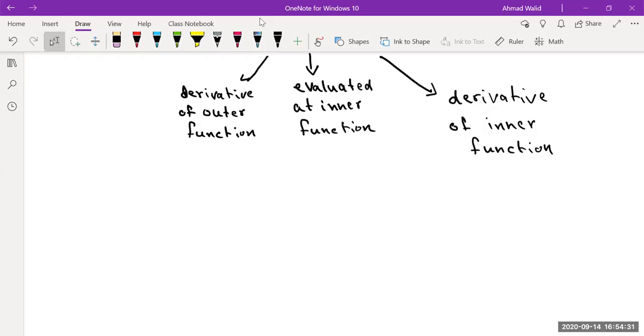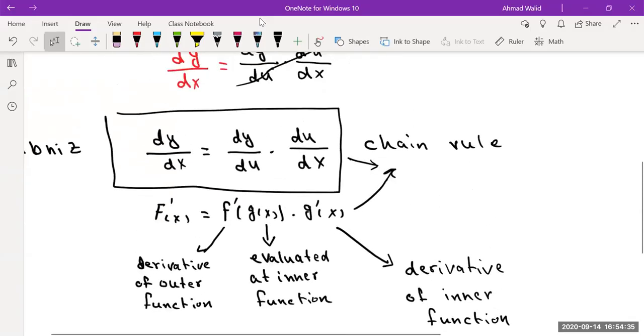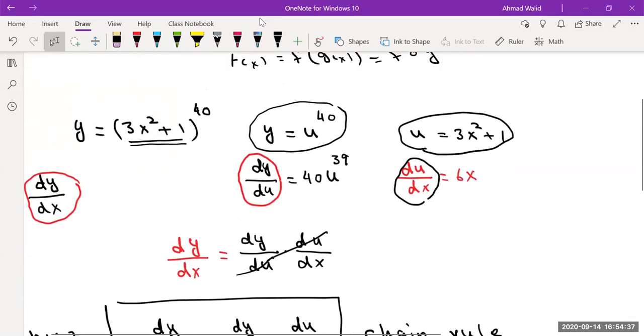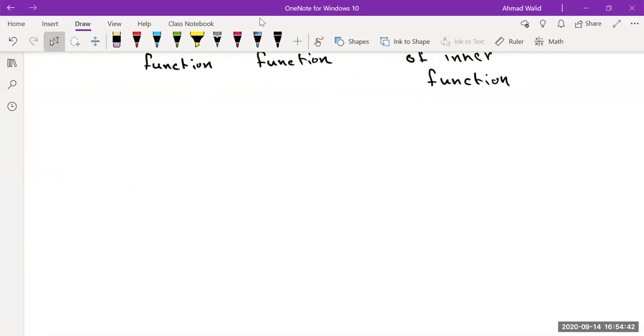Now, I'll do a few examples for you. I don't want to finish the example that I started here. I just explained the chain rule. I'll start with easy examples and do 5 or 6 of them.